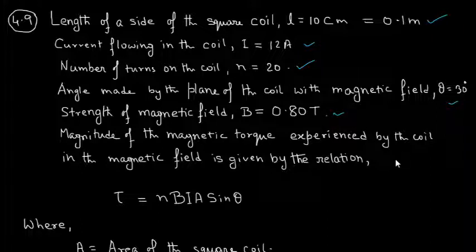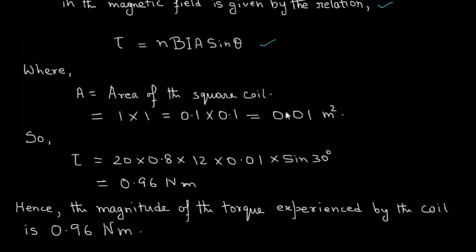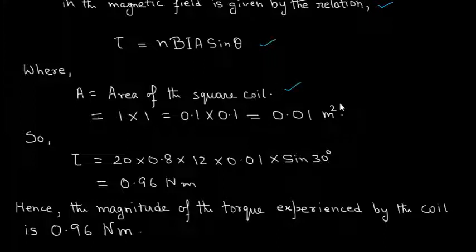Magnitude of the magnetic torque experienced by the coil in the magnetic field is given by the relation tau is equal to NBIA sine theta, where A is the area of the square coil, that is 0.1 into 0.1, that is 0.01 meter square.